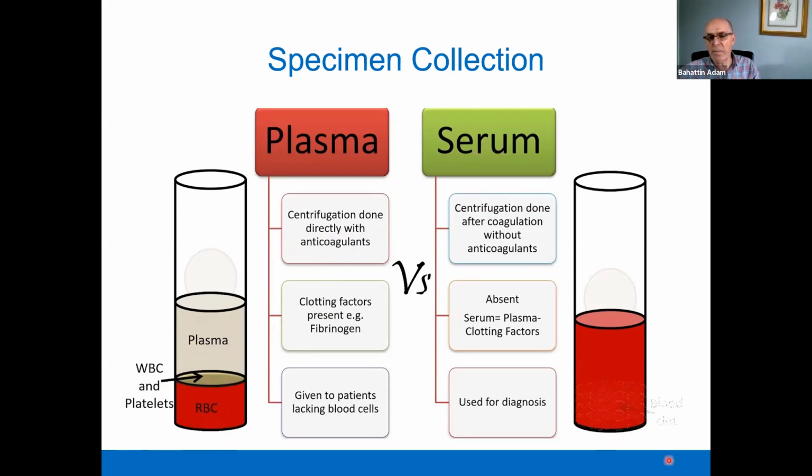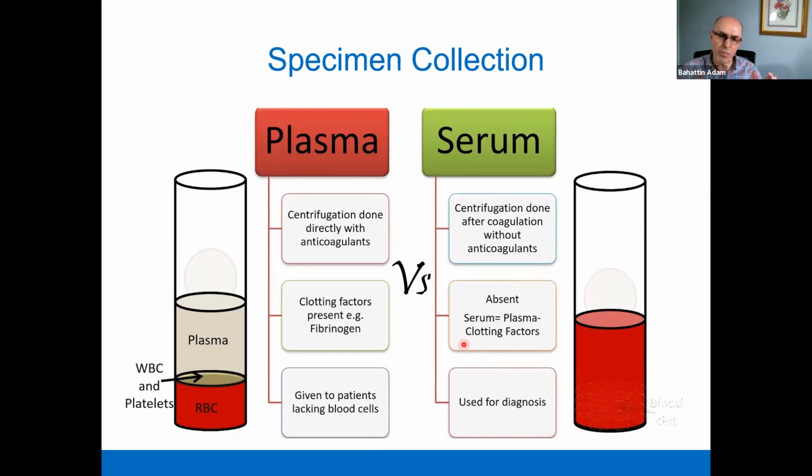Now, serum is without anticoagulants, that means you allow the blood clotting, and the clotting factors will be used during the coagulation, clotting of the blood, and therefore in the serum there are no clotting factors.